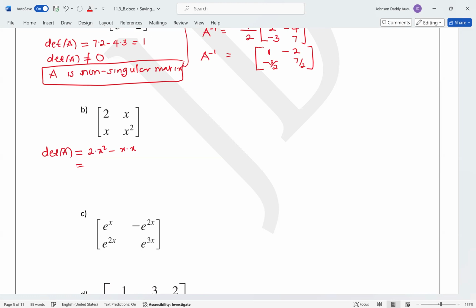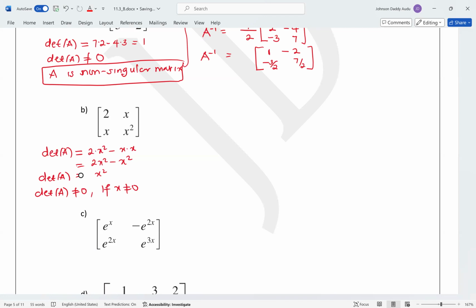And this is 2x squared minus x squared, so this is just x squared. So you can see that the determinant is not equal to 0 if x is not equal to 0.